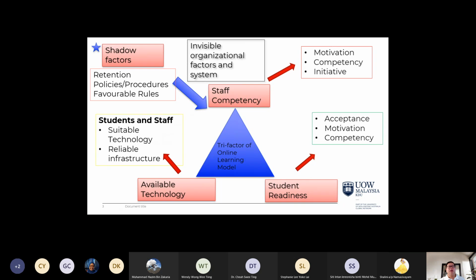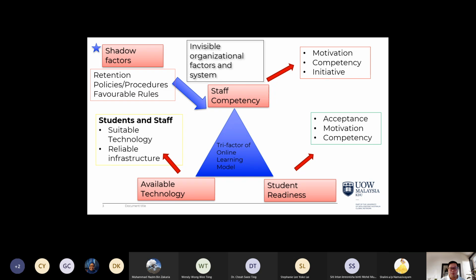Now, for me, over the past 2 years, the key impact has been with the virtual learning, where students have switched from the physical to the virtual.